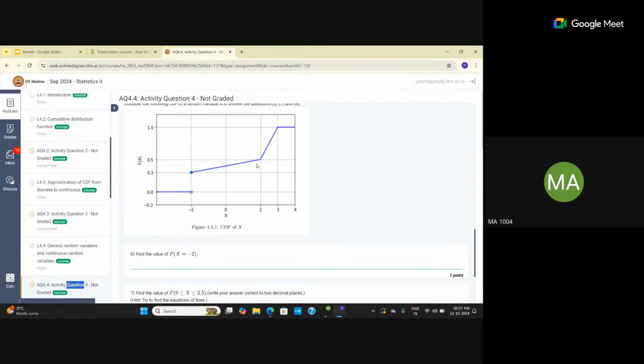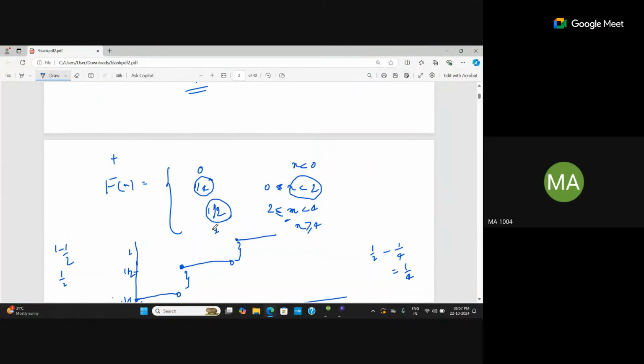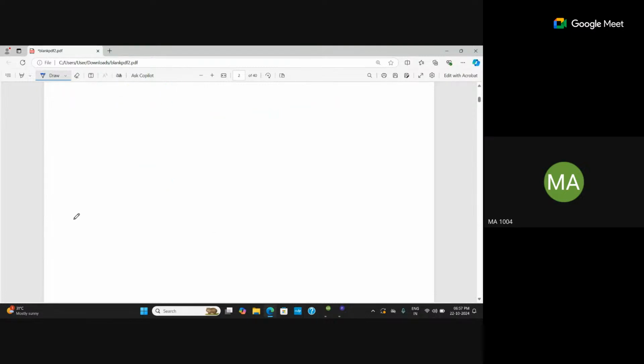And for this point, it will be 2 comma 0.5. First of all, you have to find the equation of this line. And you know how we find the equation of a line when we know the coordinates of two points? So you are given two points: -2 comma 0.3, and the other point is 2 comma 0.5.